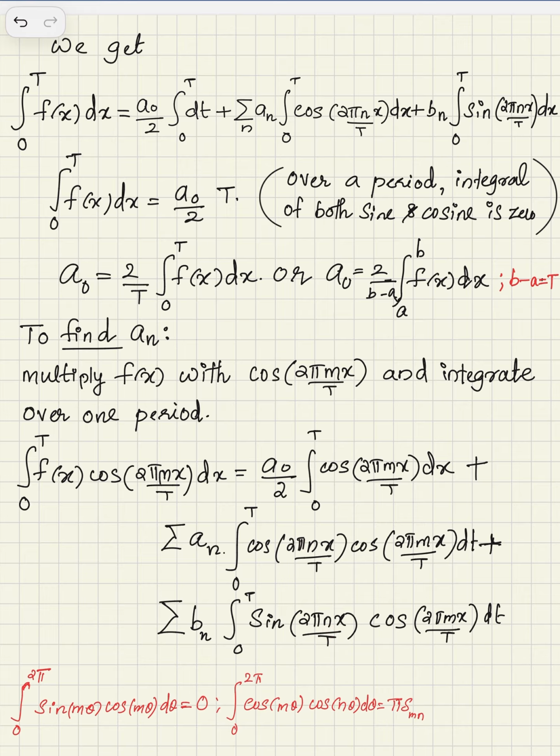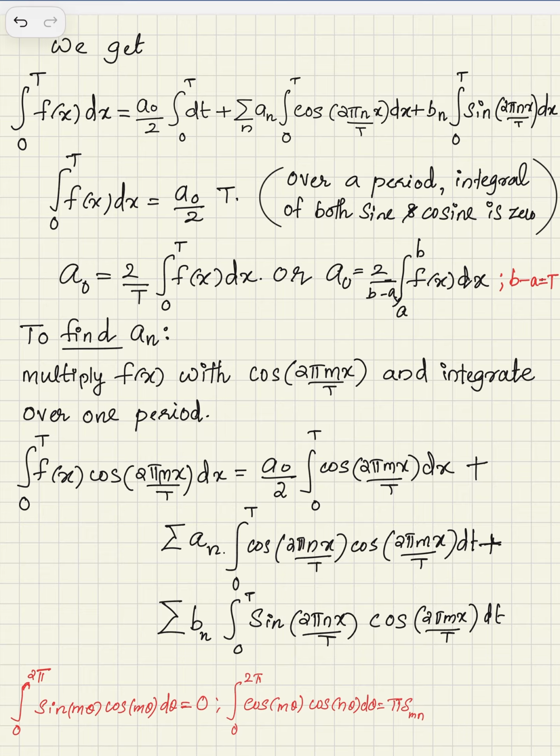There are two familiar equations in trigonometry. Integral 0 to 2 pi, or over one period, minus pi to pi maybe, sin m theta cos n theta d theta is always 0. Integral 0 to 2 pi cos m theta cos n theta d theta is pi delta mn. Similarly, integral 0 to 2 pi sin m theta sin n theta d theta will be pi delta mn.